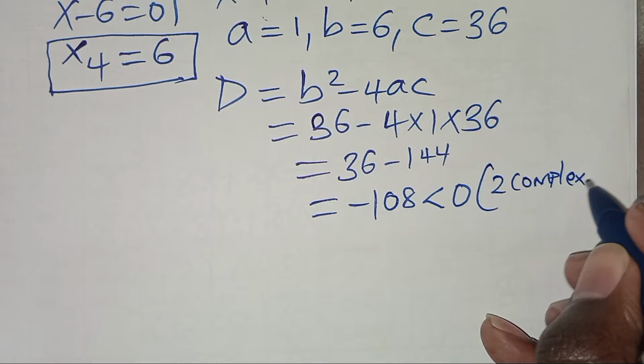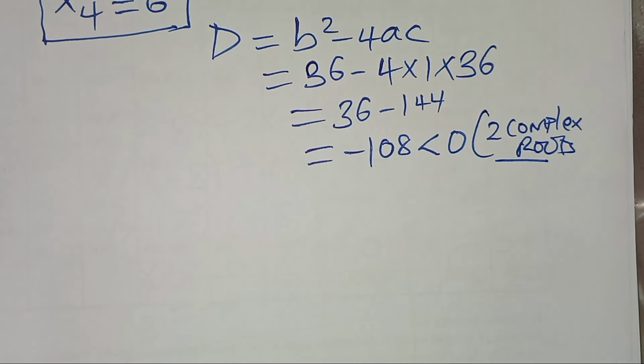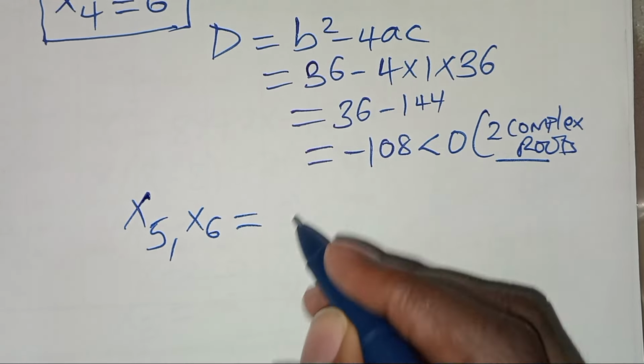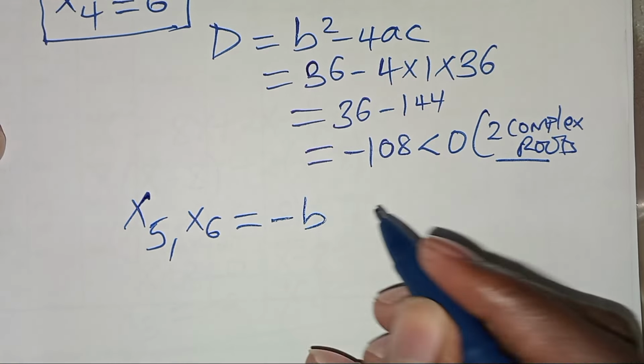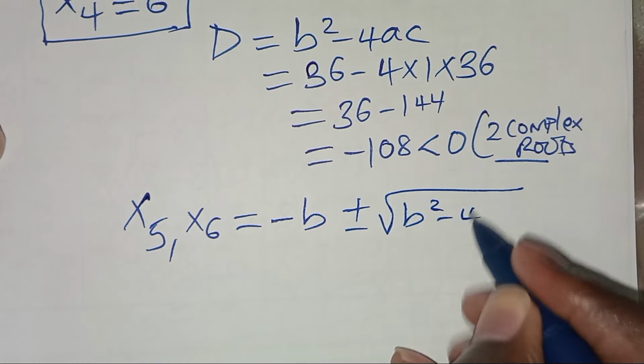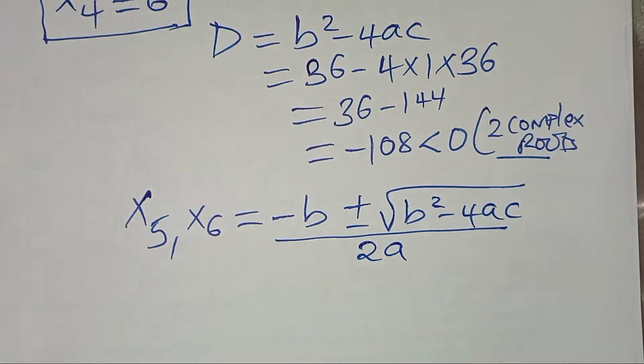We have two complex roots, that is x5 and x6. This can be solved by applying the quadratic formula, which is negative b plus or minus the square root of b squared minus 4ac, all divided by 2a.